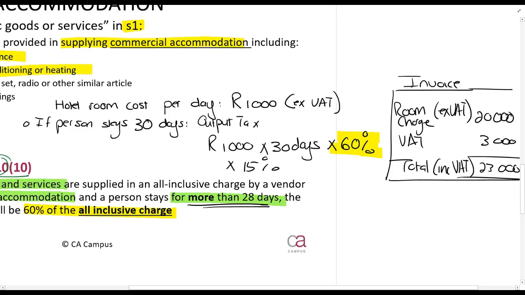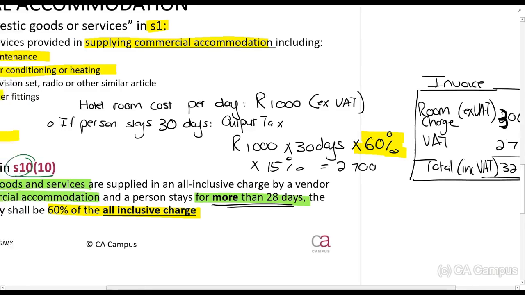Now guys, the reason for this is because if you go and stay in things like a hospice or a hospital, that's commercial accommodation, but this is just a way of giving a little bit of relief. So that makes it 2,700. Right, so you can see the VAT is then decreased. It's only on 60% of the value.